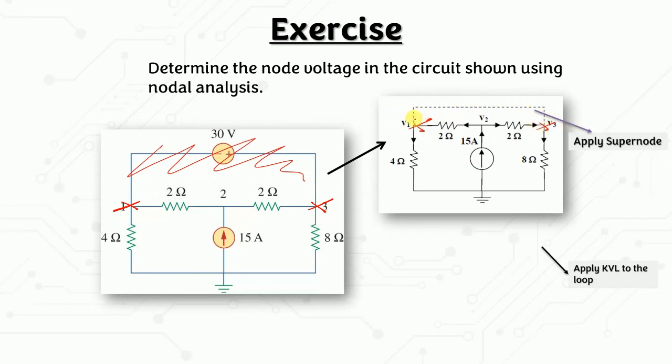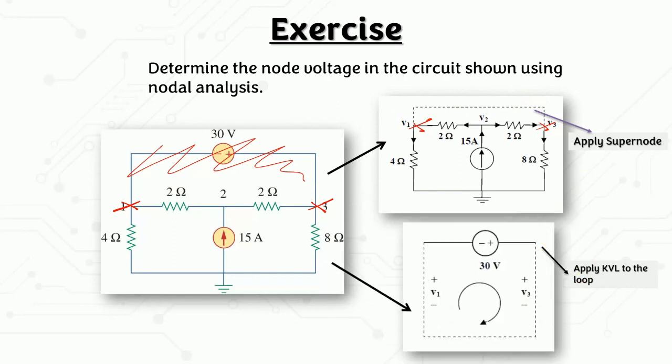So you need to apply the super node, which means you need to apply KVL to the loop here, where you can have V3 minus V1 equal to 30, or you can have V3 equal to V1 plus 30 volts. So this is the other equation. You have 3 nodes, so you need to have 3 equations including this equation for the super node.